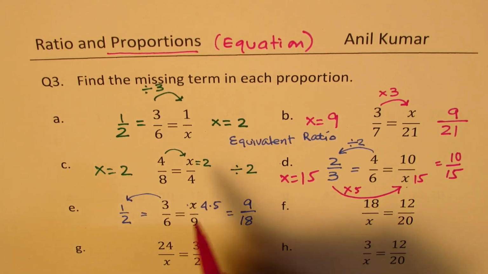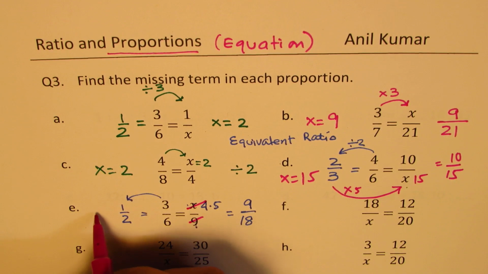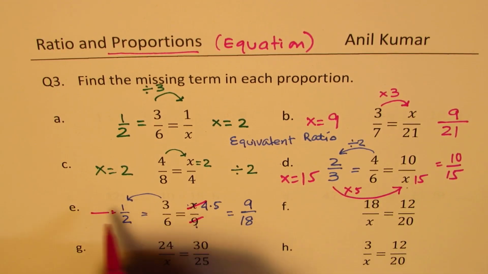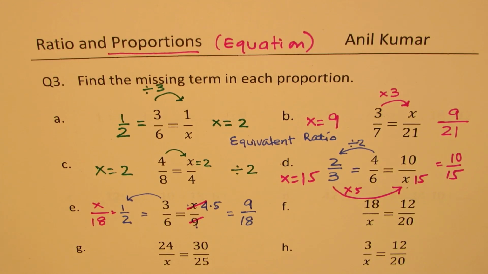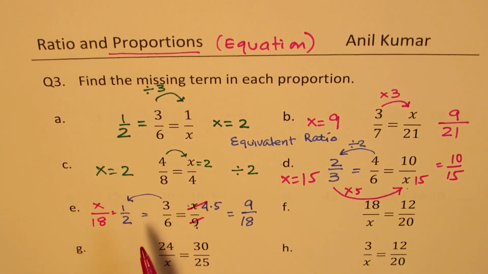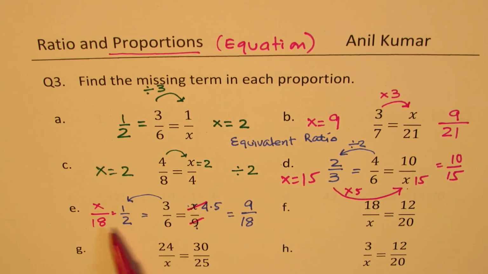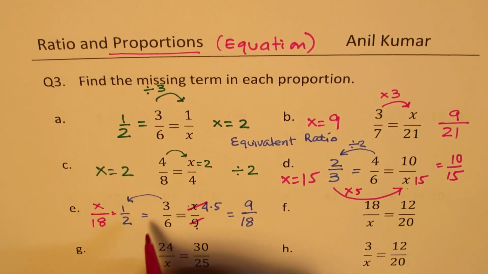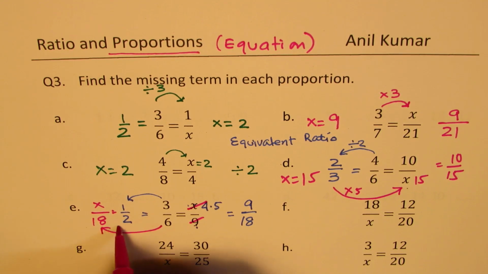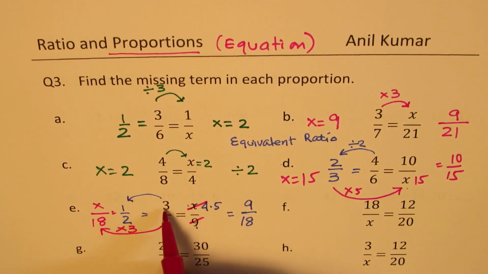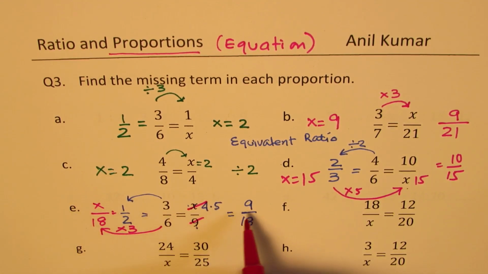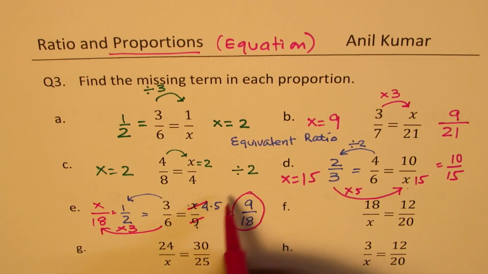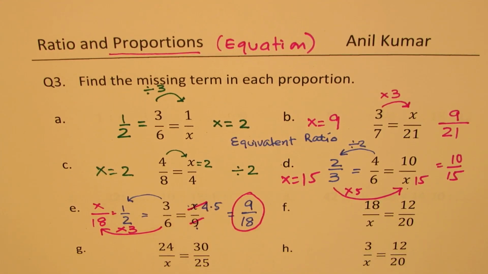So let me just change this. So I'm changing this question to equal x over 18. Find x. Is that okay now for you? So you could do it by 6 to 18 is times 3, right? So we get from here to there by multiplying by 3. So 3 times 3 is 9. So we get 9 over 18 as the right answer. Is that clear to you? So I cancelled that out.